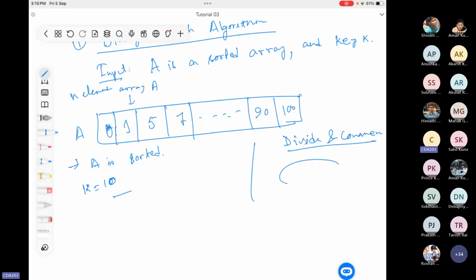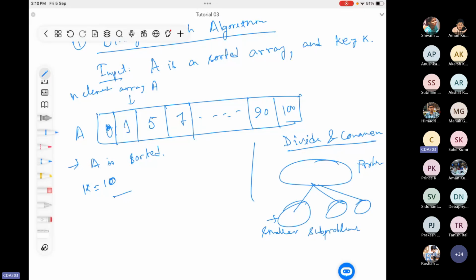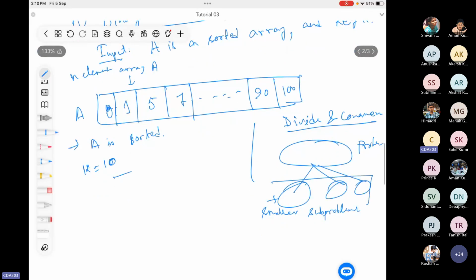You divide it into smaller sub problems, then keep on breaking them until they are very easy to solve.